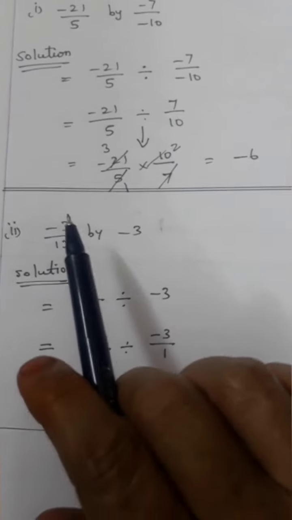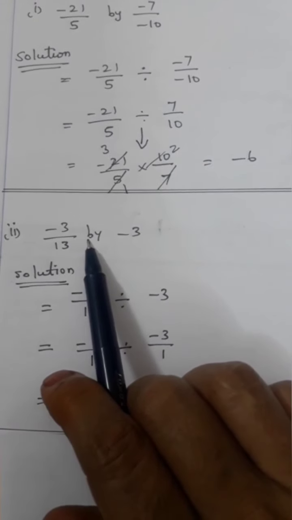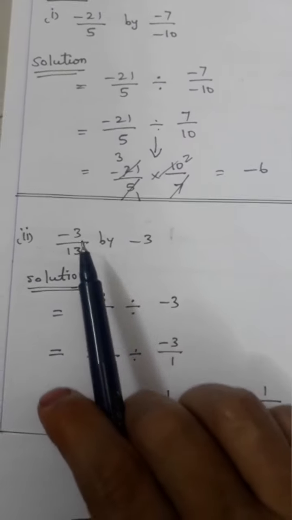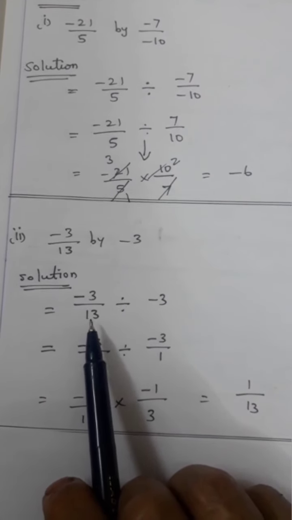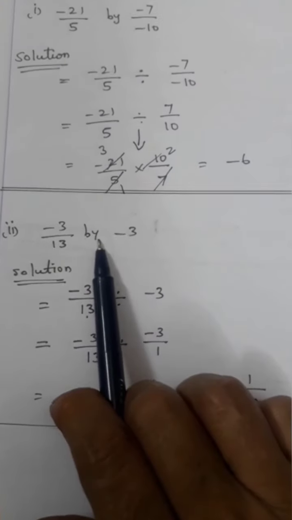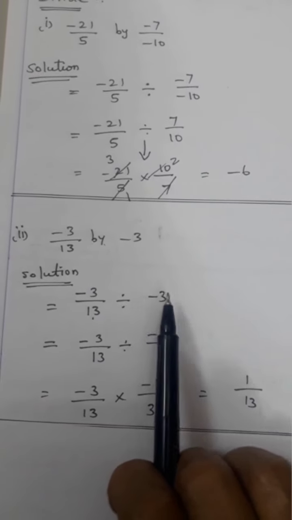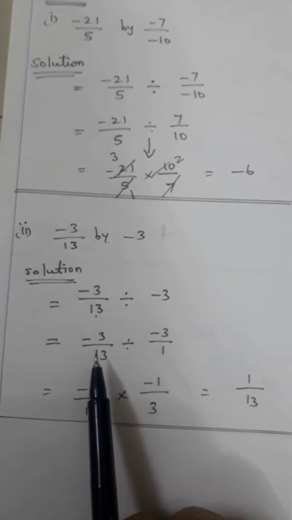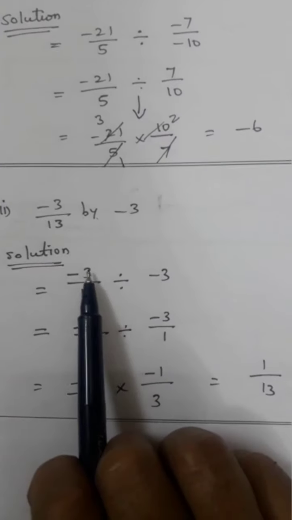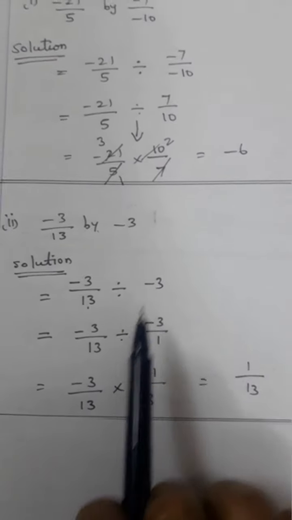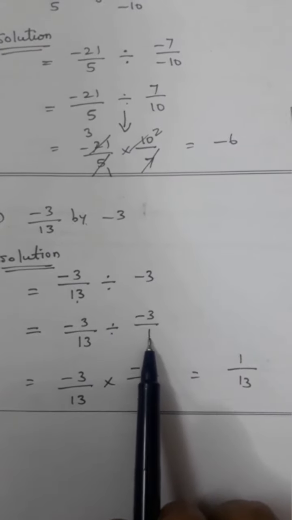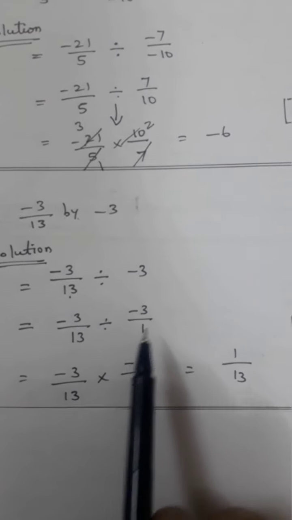Second question. Minus 3 by 13 divided by minus 3. Instead of using the symbol, I use the division symbol. I am writing the same, very easy, clearly understand. Minus 3 by 13 divided by this whole number. Change it into a rational number: minus 3 by 1.